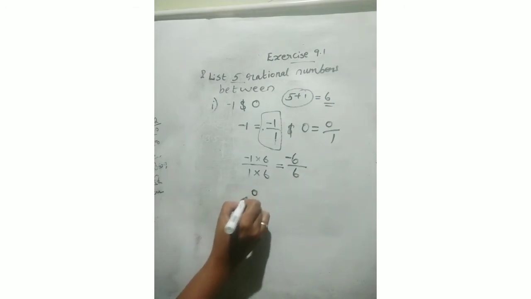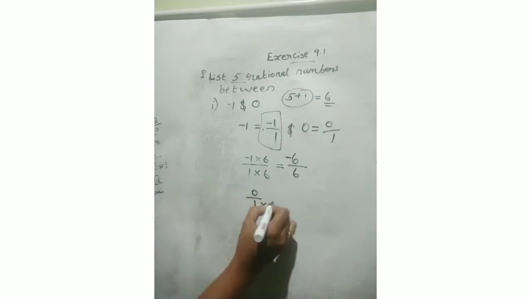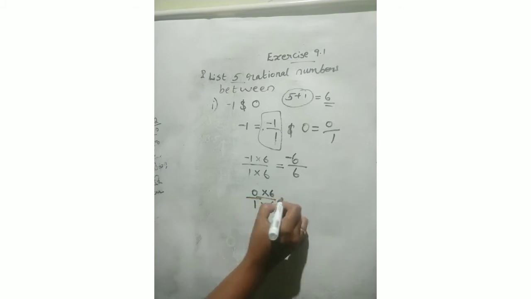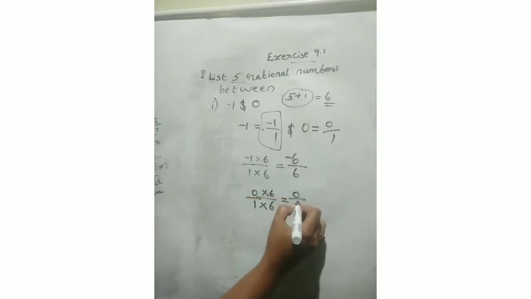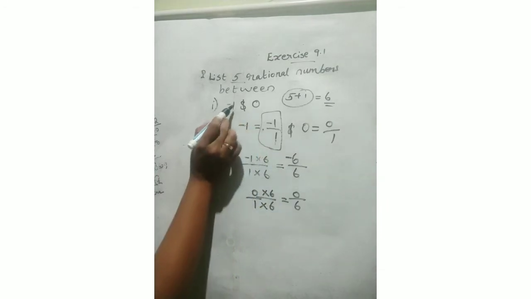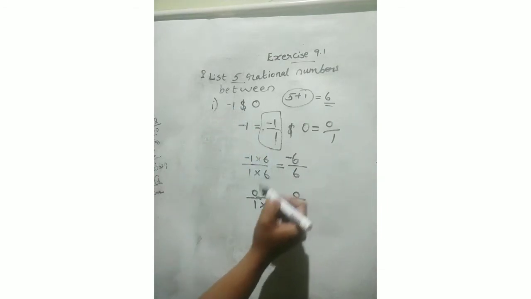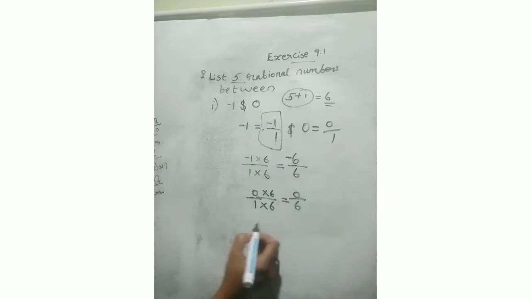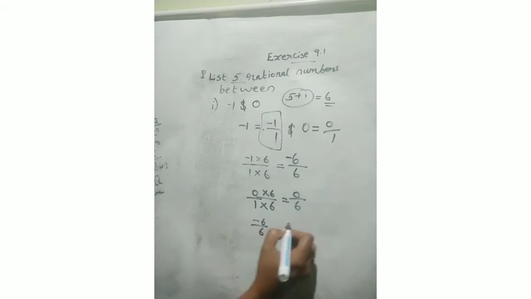Then 0 on 1 times 6, also times 6, is equal to 0 on 6. Now instead of -1 and 0, we can write new rational numbers, that is -6 on 6 and 0 on 6.